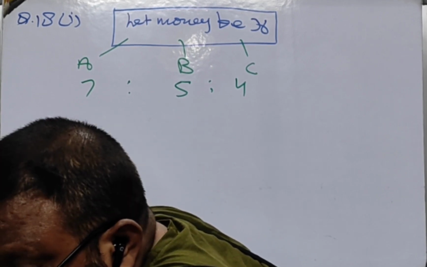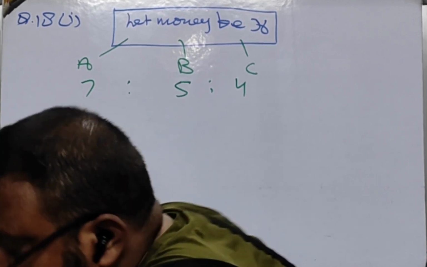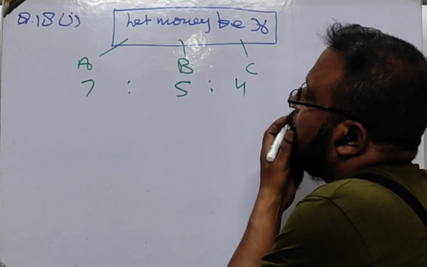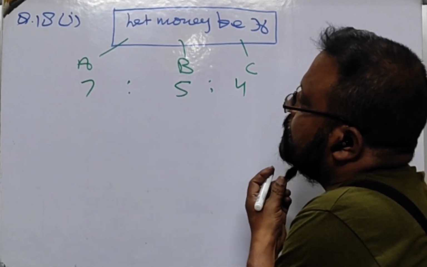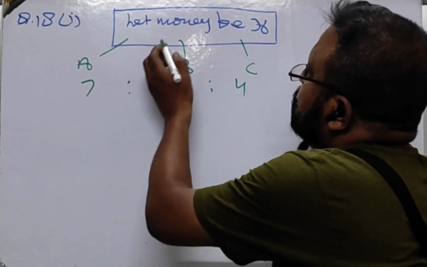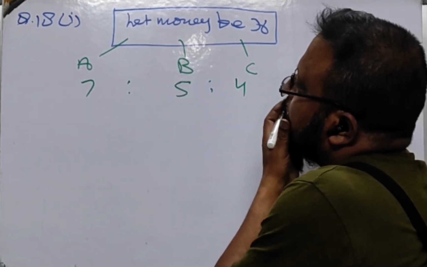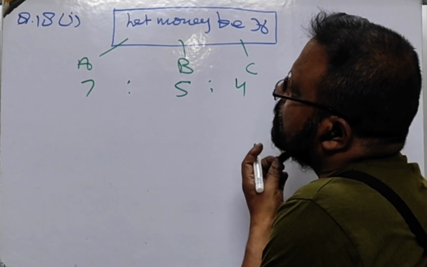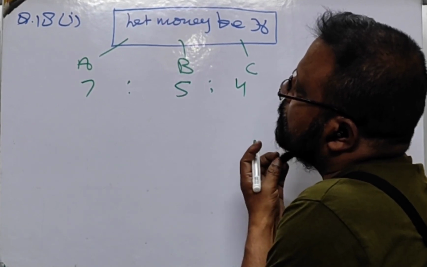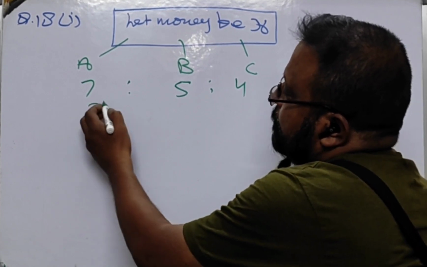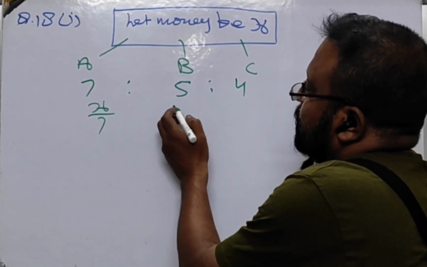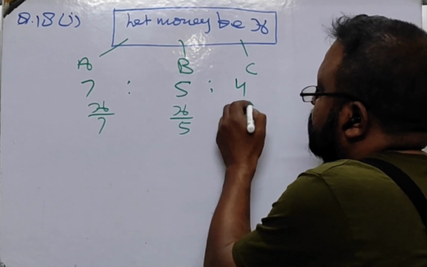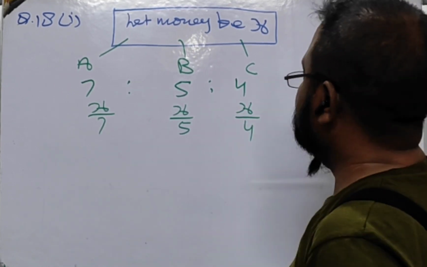If B gets 500 more than C. So maybe the total money be X. X by 7 it is getting, X by 5 it is getting, X by 4 it is getting, right?